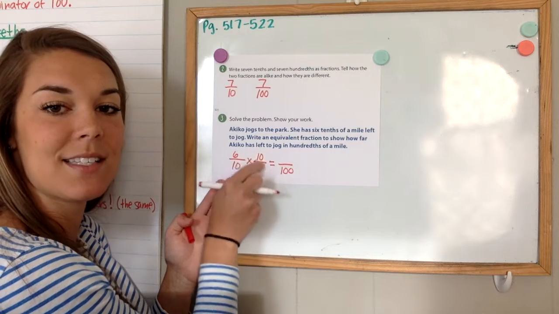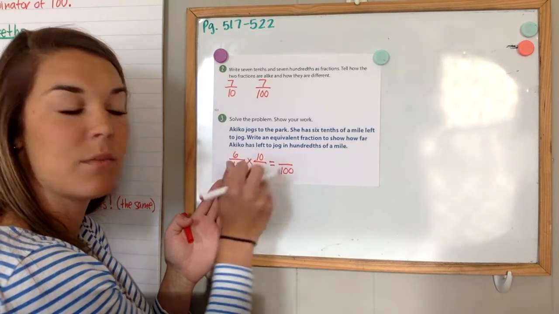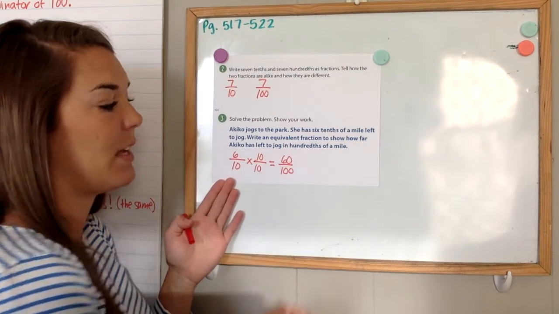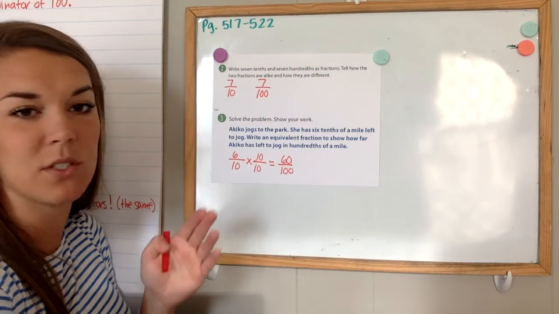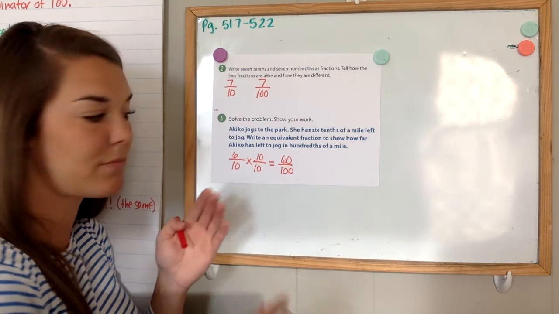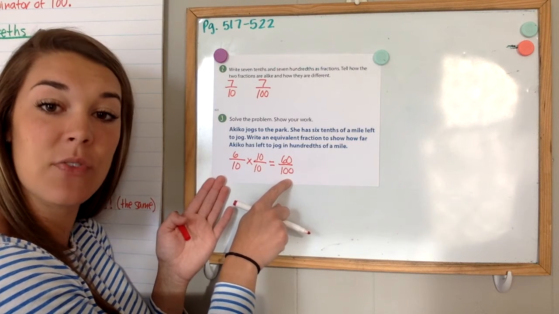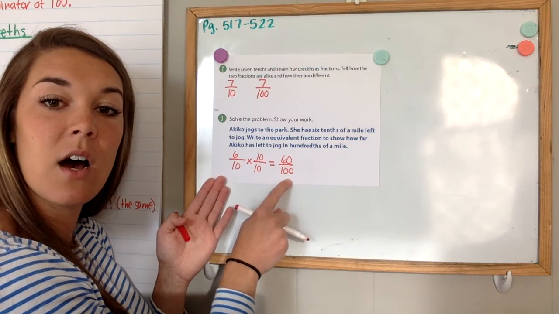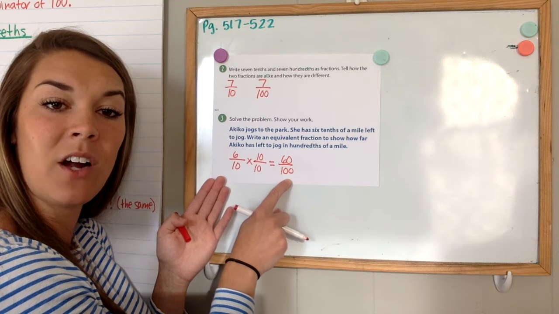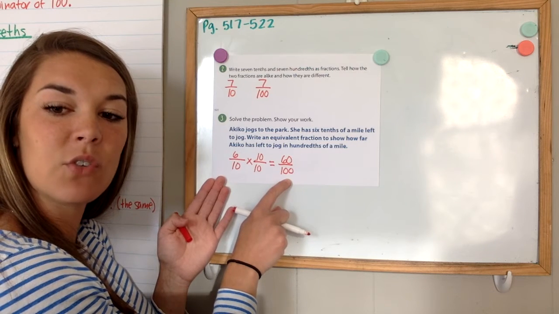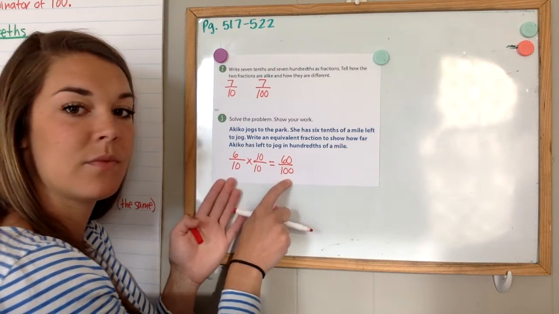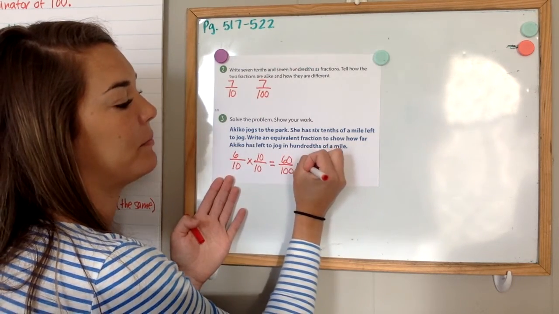So if I had 6 10 times, I'm going to have 60, right? Everyone should really be memorizing those tens tables because you don't want to go to 5th grade without knowing that. So that means 6/10 is equivalent to 60 hundredths of a mile.